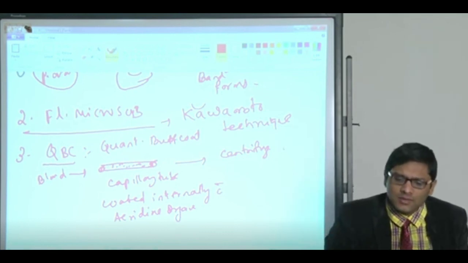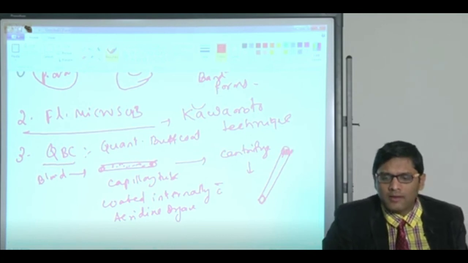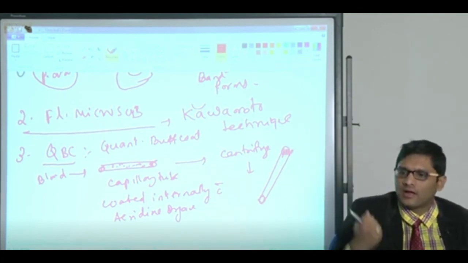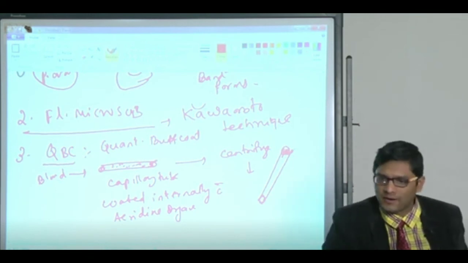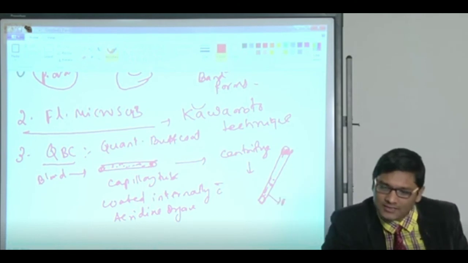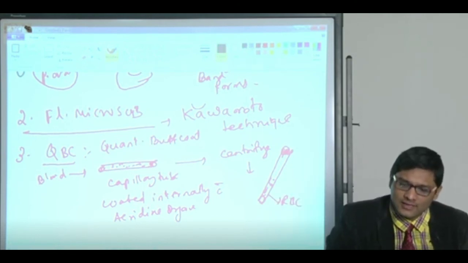When you centrifuge the blood in the capillary tube, the blood cells are separated depending upon their density. First, the bottom zone will be the heaviest cell, that is RBC. Then you will have the lighter cells, the WBC zone. Later on the platelet zone will be there.